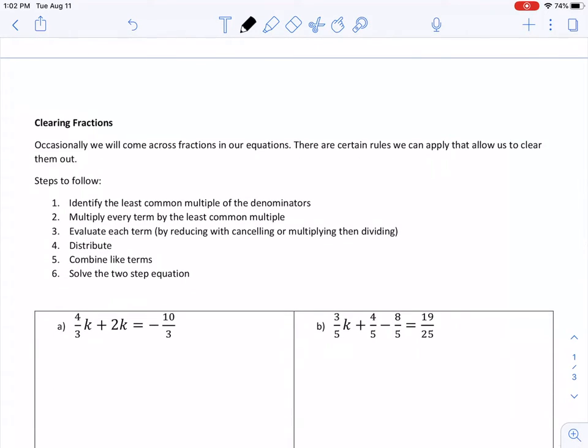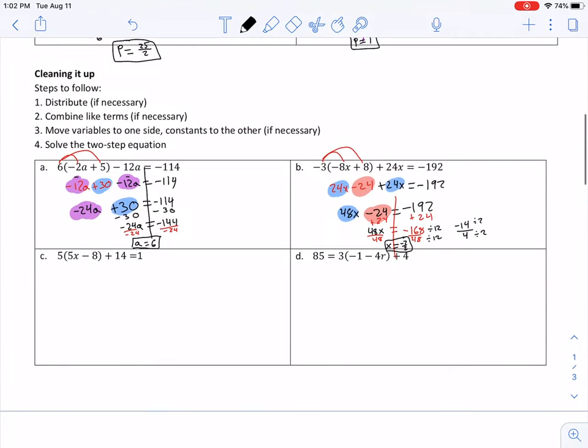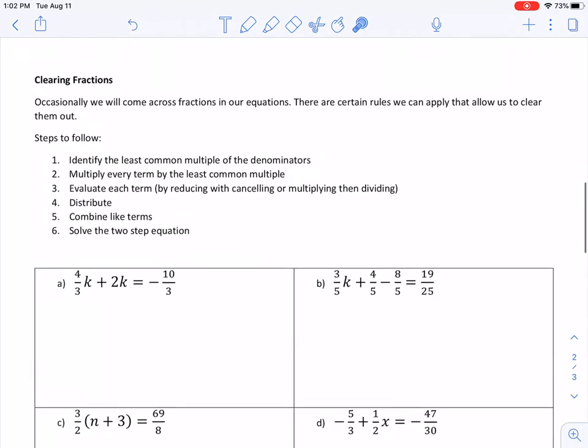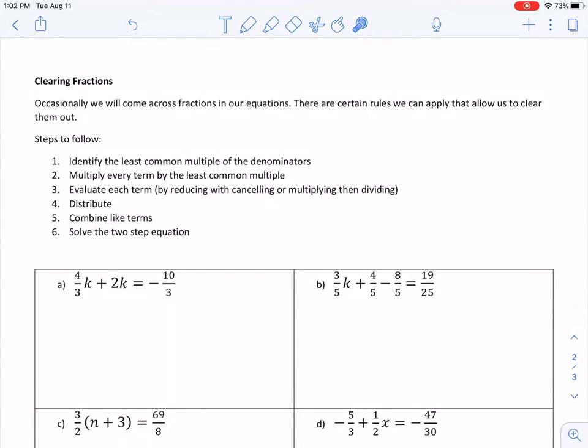Clearing fractions. So up here, what we did here was 1.3. You distribute, combine like terms, solve the two-step equation. In 1.3, we're going to talk about how do we do that when there are fractions, or clear fractions. So the first thing I'm going to do is identify the least common multiple of the denominators.